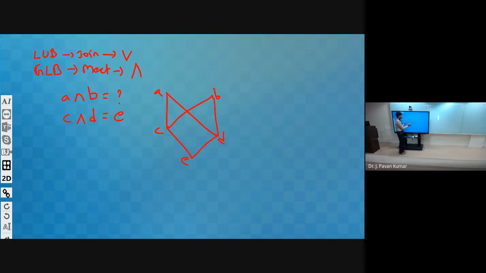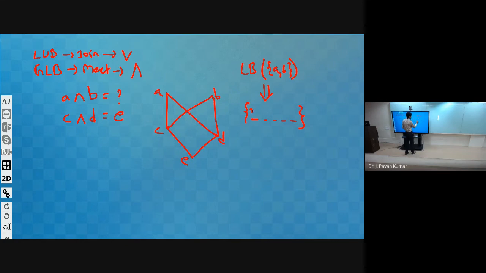One simple thing: we are considering the lower bound of some set, like lower bound of A comma B. The lower bound can consist of several elements.